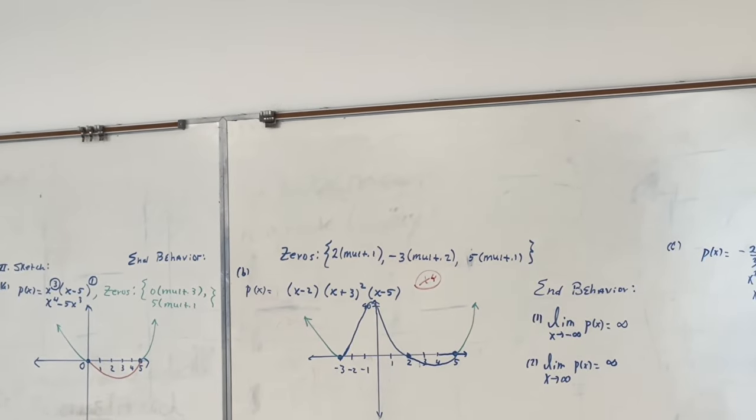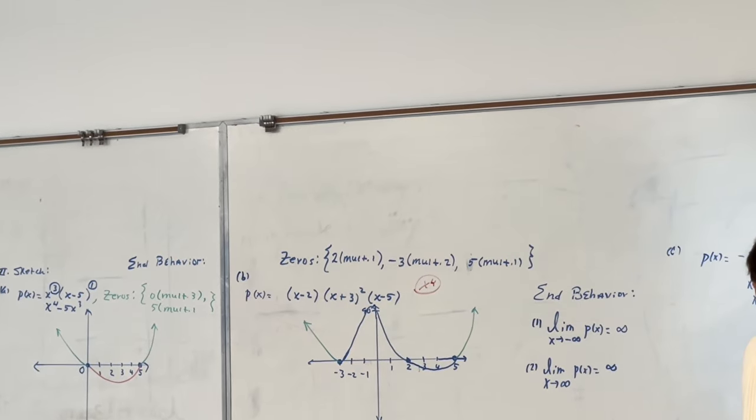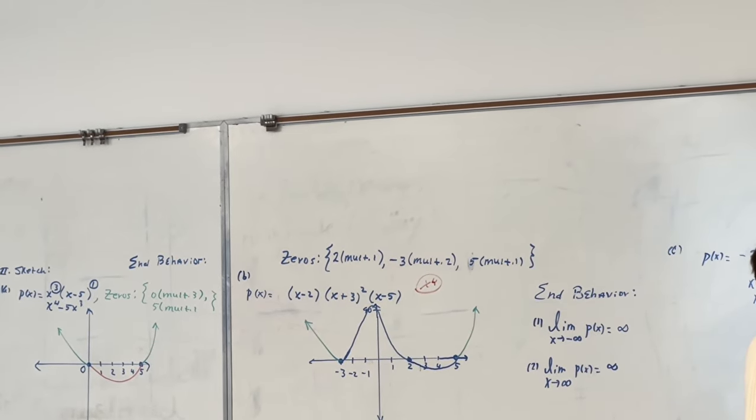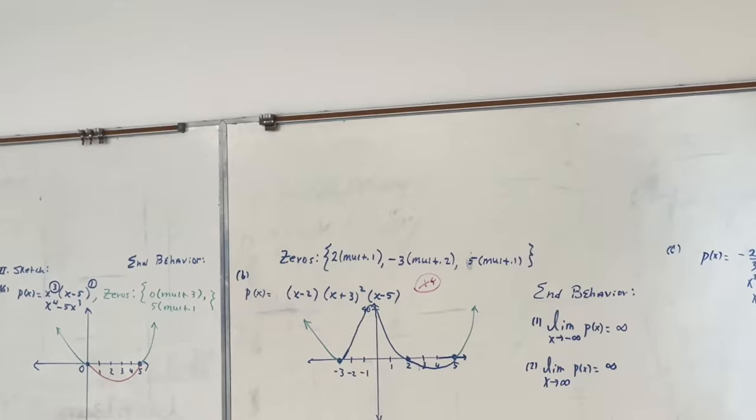My next one, if I split this up to find another zero, no problem, we'll get a 2. I look back at the factor it came from on the outside, see a 1 there, I understood, odd. So this is a zero of 2, multiplicity of 1.